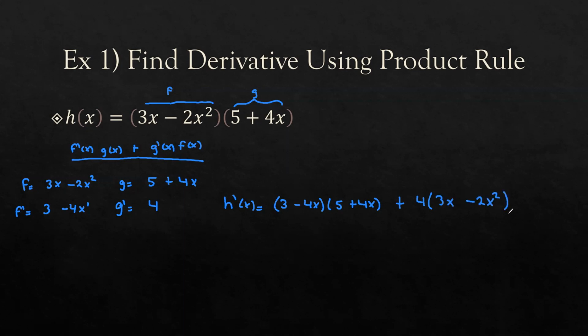So you can leave it like this, or if you want to simplify it, you could FOIL it out and collect like terms. So if you FOIL it out, your final answer would be this.